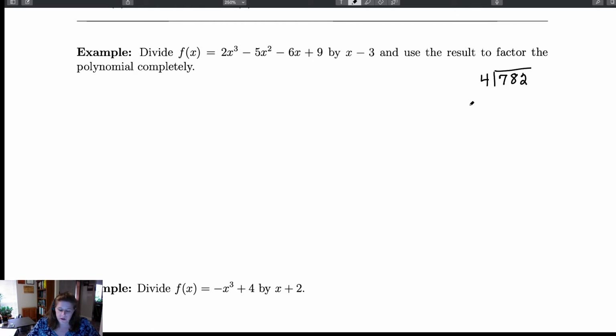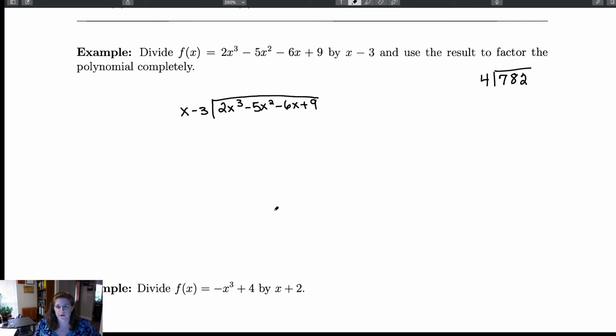Same thing is true if we're using polynomials. So we want to divide 2x cubed minus 5x squared minus 6x plus 9 by x minus 3. I'm going to put the 2x cubed minus 5x squared minus 6x plus 9 inside the symbol and put x minus 3 on the outside.